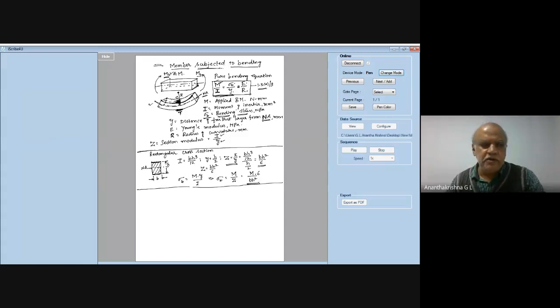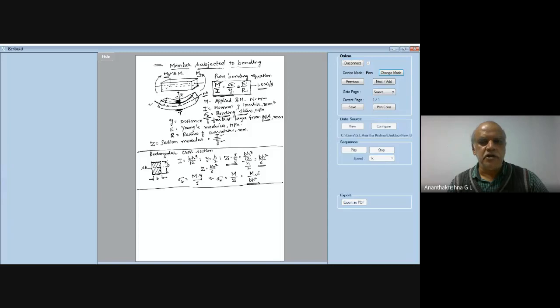Now please take out your data handbook. Go to table 1.3. If you look at table 1.3a, you have the properties of various cross sections. For a rectangular cross section, bh cubed by 12 is the moment of inertia.